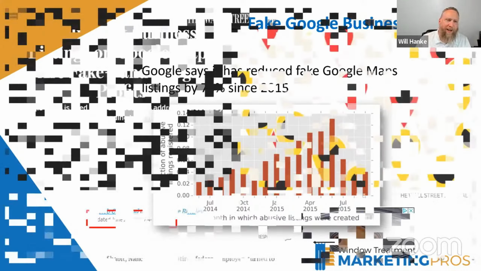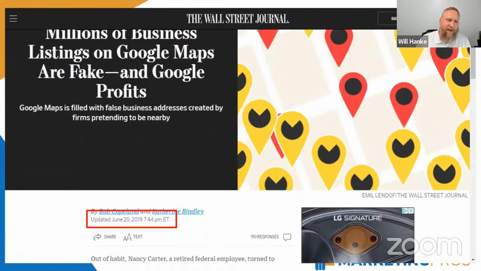Here's an article from 2019 saying, as a matter of fact, there are a lot of negative or fake business profiles out there still. So that makes me wonder, but it could be that there are still plenty of them out there. And especially when it says Google profits from it, that makes you wonder.